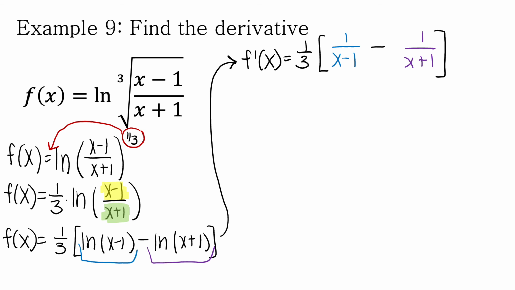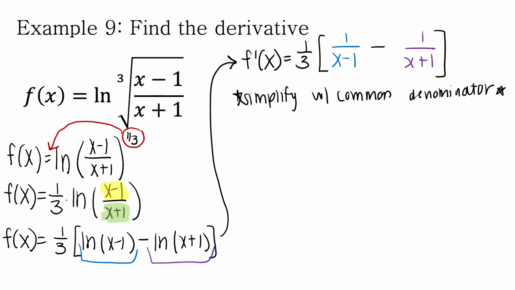From here, we've done all of our differentiating. Now we just want to simplify with a common denominator, which in this case is going to be that x plus 1, x minus 1.